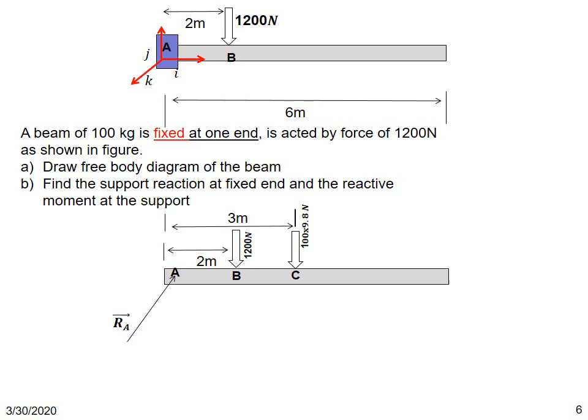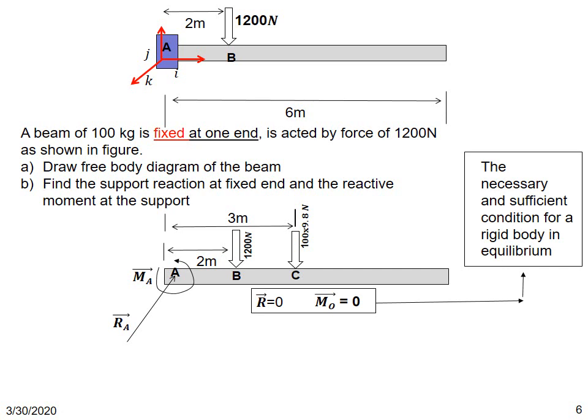And since it is in equilibrium, we know that there is a reaction at A, which is RA, which can be inclined or perpendicular. We don't know this reaction force. And since it is a beam fixed at one end, we know that there will be a reactive moment at A in order to keep the whole system in equilibrium.